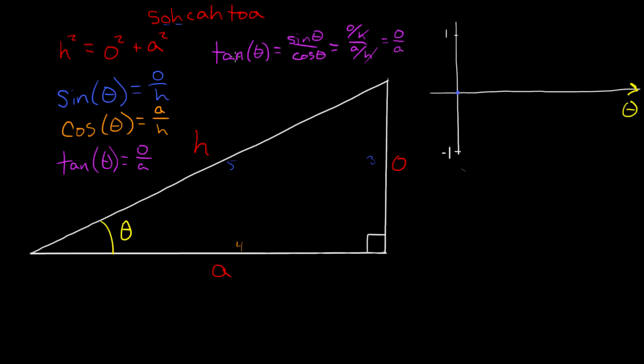By the time theta gets up to 90, it's just equal to the hypotenuse. And I'm going to say that the hypotenuse is 1. I said it was 5 before. It's actually easier if you use a hypotenuse of 1. Okay, so by the time we get to 90 degrees, actually, sorry, let me just draw this a little bit longer.